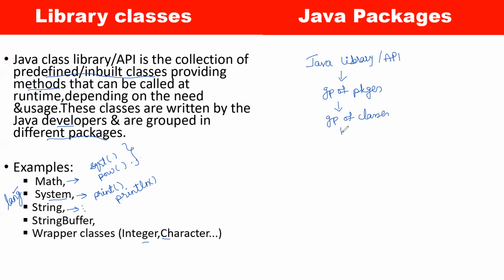And these classes contain a group of methods. So we are interested in making use of these methods. So we need to know the class it is present in and the package that particular class is present in. So all those packages together form the API. Fine. So this is how the hierarchy goes.